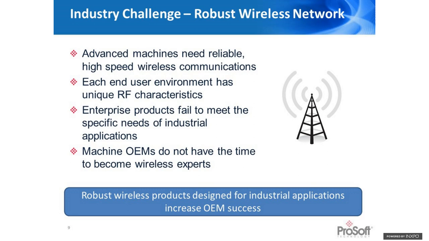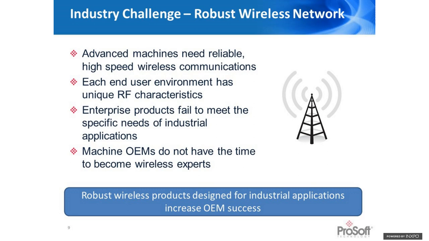So part of that safety is a communication system that maintains a very reliable link. Each of the sites where an automated material handling system is deployed has unique radio frequency characteristics. Every place is different. So there really isn't a simple, easy, cookie-cutter way to deploy wireless. You really need some expertise to understand how to deploy it properly.